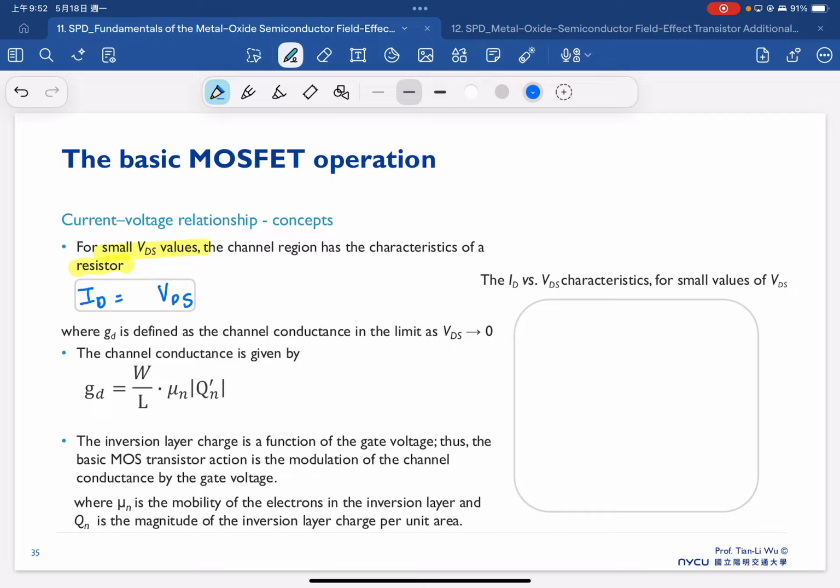We can expect the drain current to be proportional, and we consider this proportional factor as GD, where GD is defined as the channel conductance. The channel conductance is just 1 over the resistance.